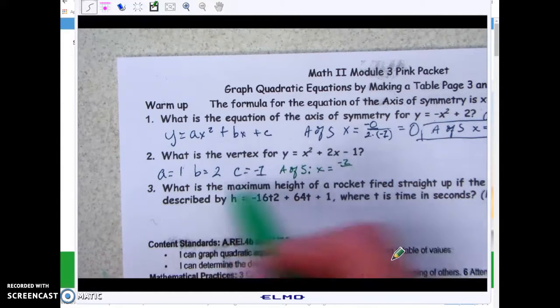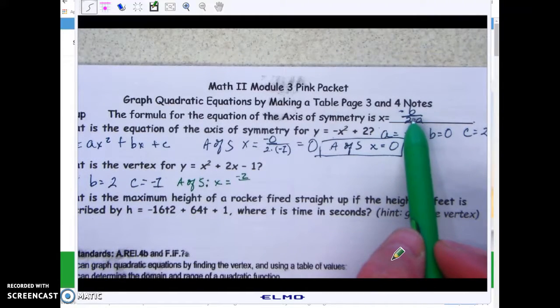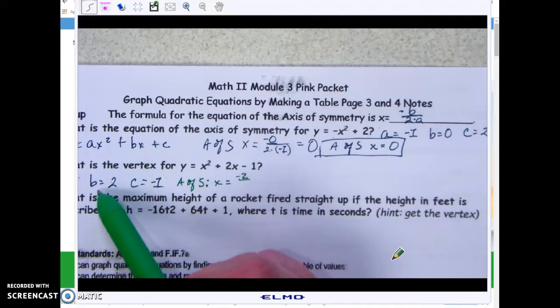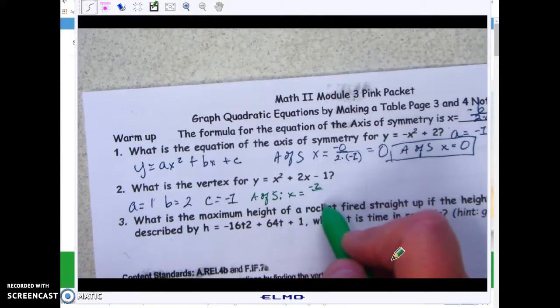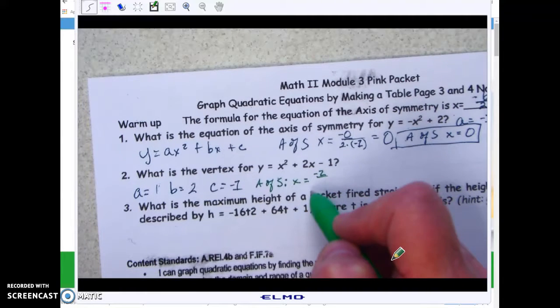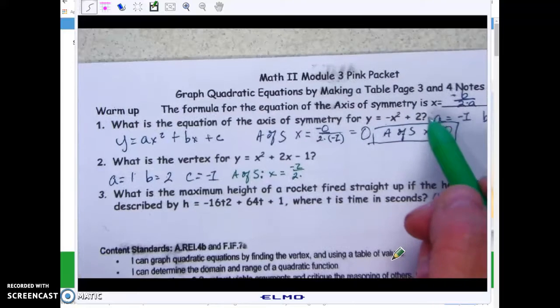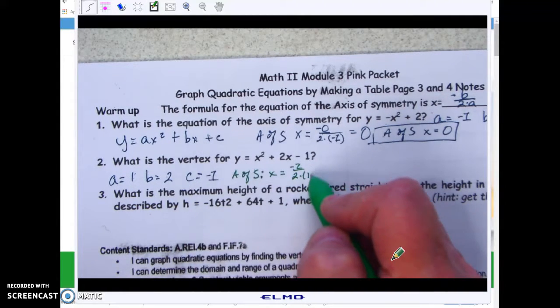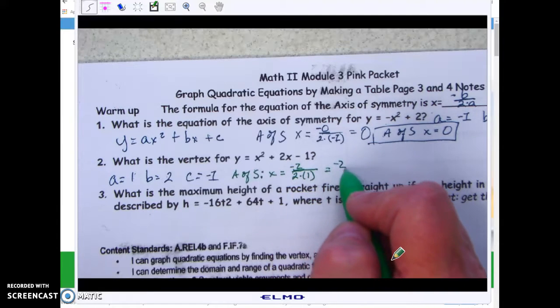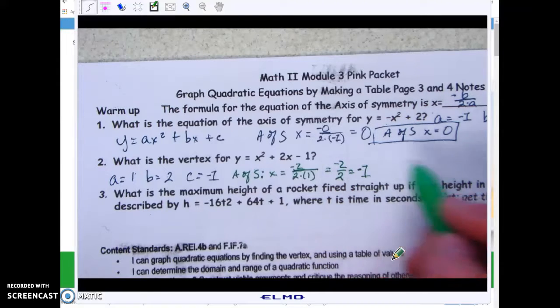I replace the b with the 2. So -2 divided by 2, which is part of the formula, times a, which is 1. It's going to come to -2 over 2, which is going to be -1.